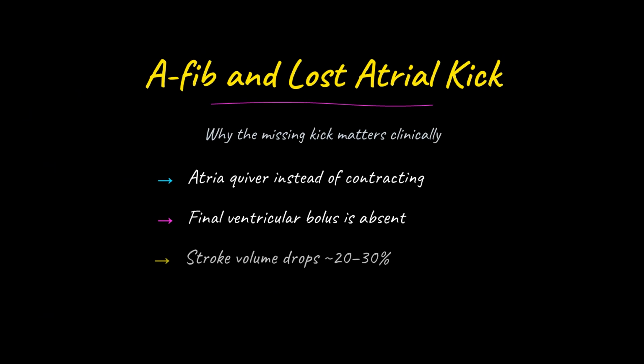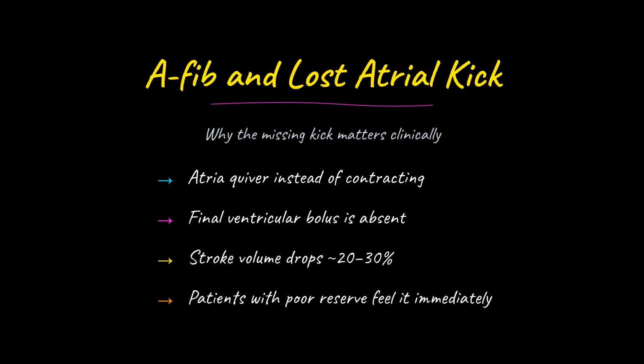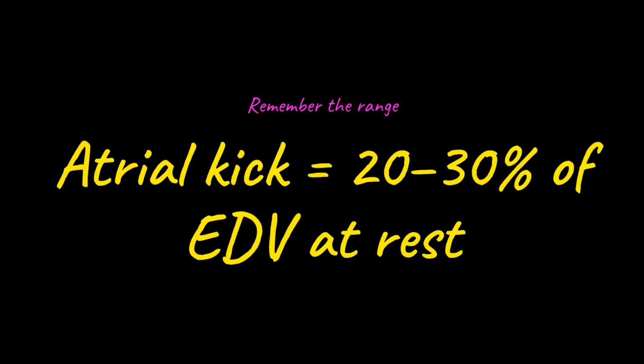Stroke volume falls by roughly the same 20 to 30%, and patients with limited cardiac reserve notice the drop as fatigue or reduced exercise tolerance right away. The exam critical number is 20 to 30% at rest. Anchor that range. Remember it grows when diastole shortens. And connect its loss to the clinical picture of atrial fibrillation, and you will answer every atrial physiology question with confidence.